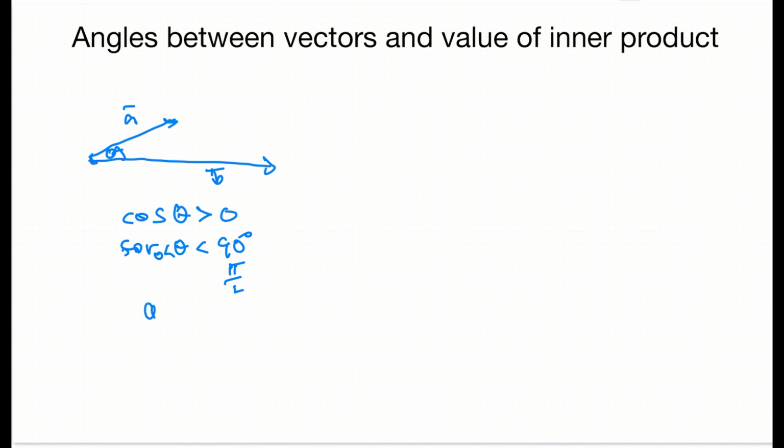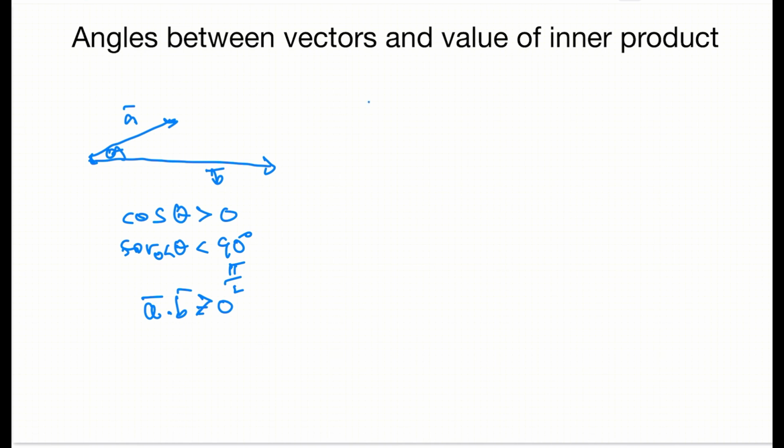So in this case, A dot B, which is the length of A times the length of B times the cosine of theta, is greater than 0. That's our first case, where theta is less than 90 degrees.